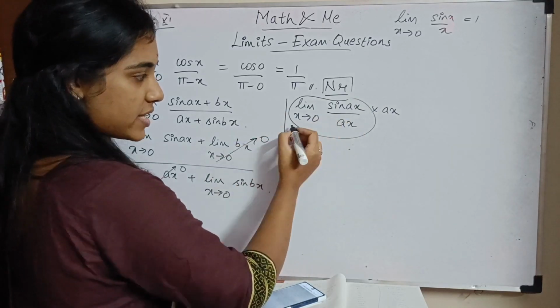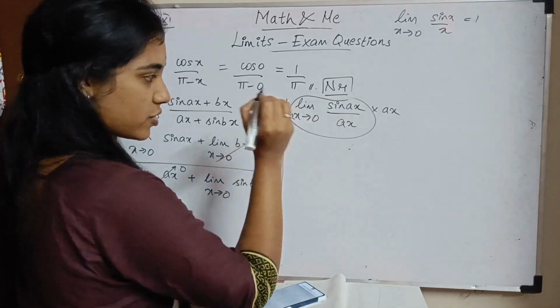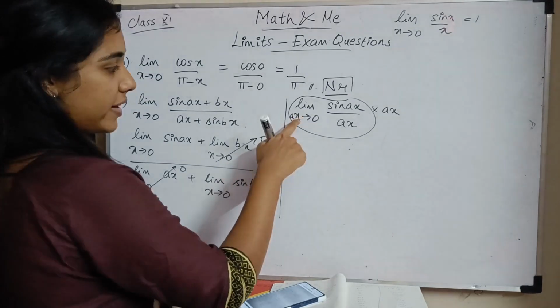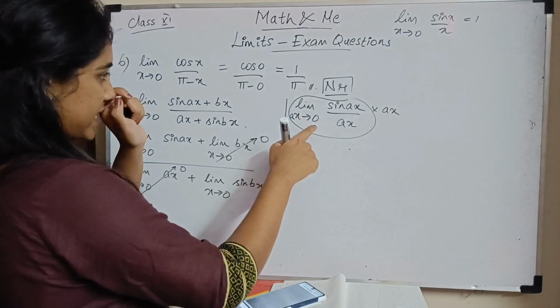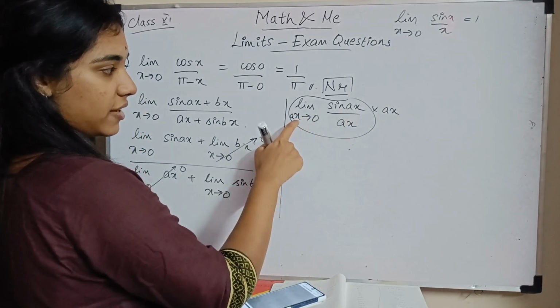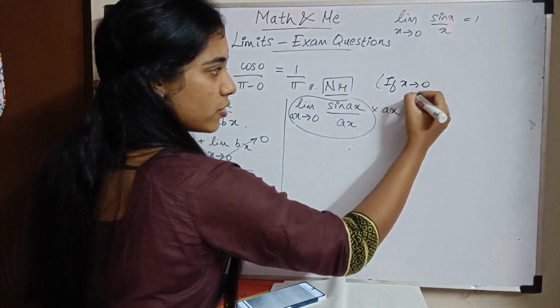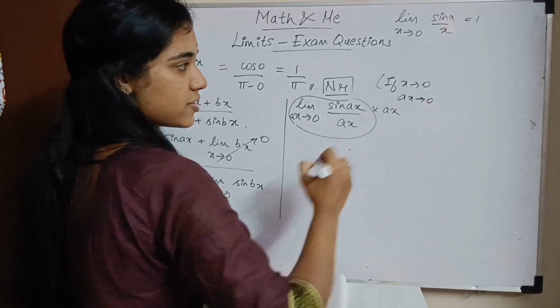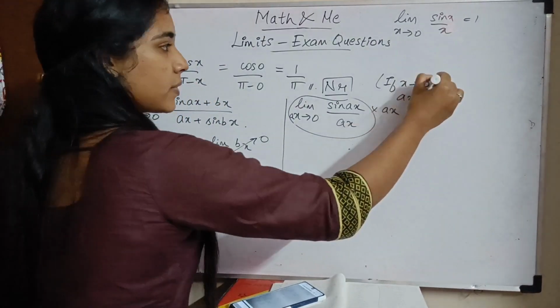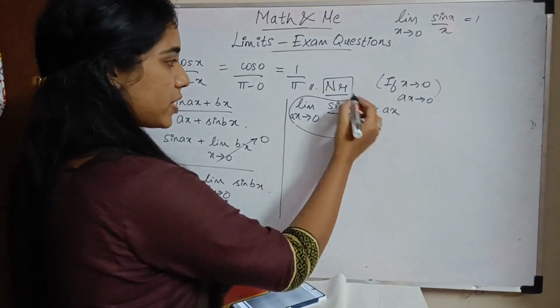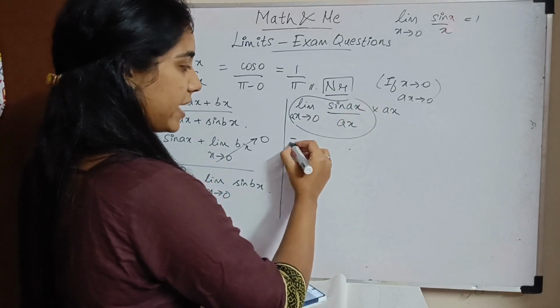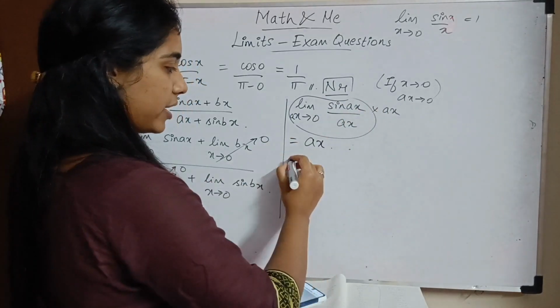If x tends to 0, ax will also tend to 0. So here ax should come. Now our x here is ax. So if x tends to 0, then ax also tends to 0. Okay? So what do you have? This is 1 times ax. So this is your numerator.